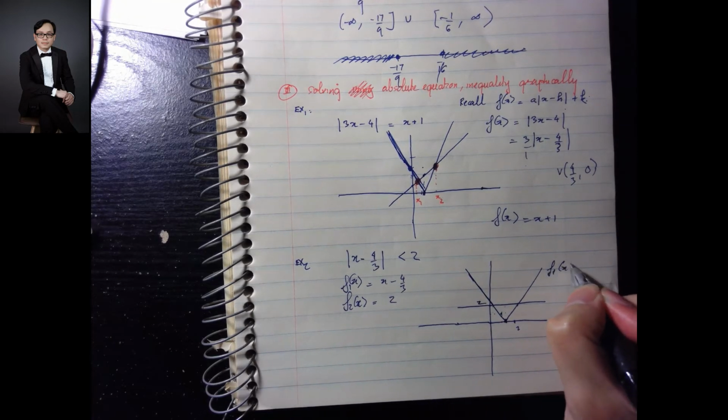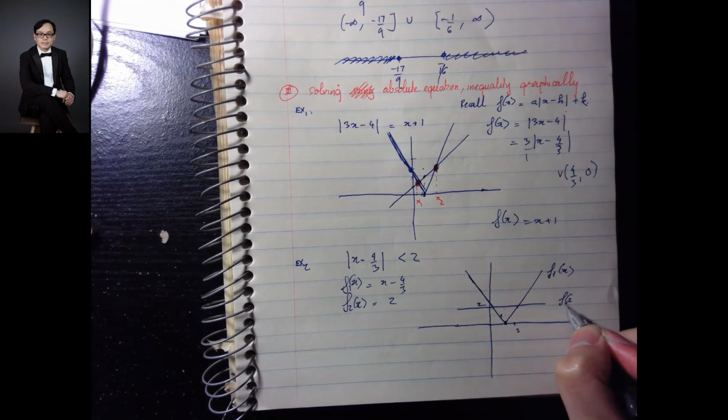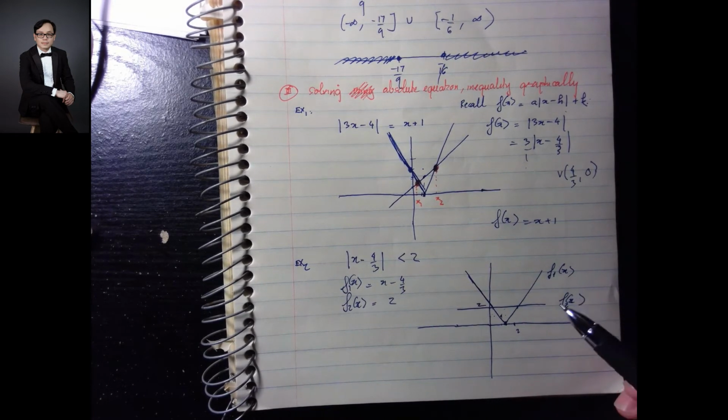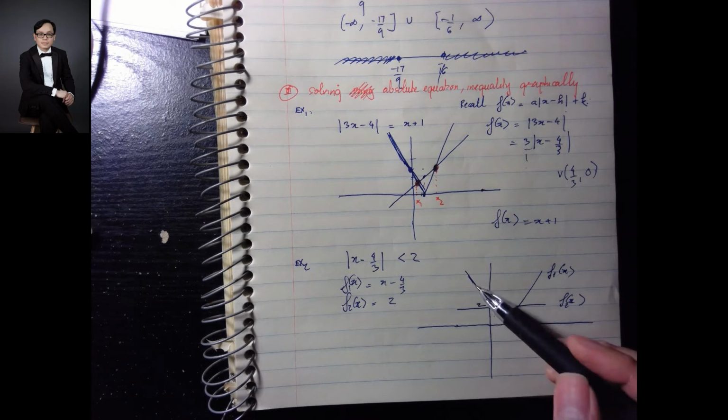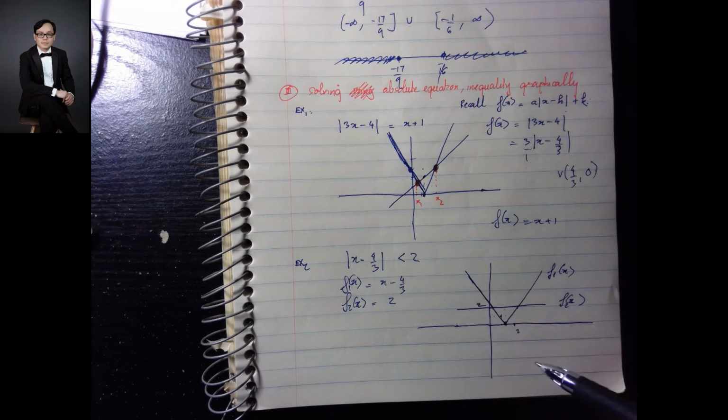Now tell me which part of the graph, which part on the coordinate axis, has f1 below f2. Okay, we have to see. It looks like it's only over here, right?